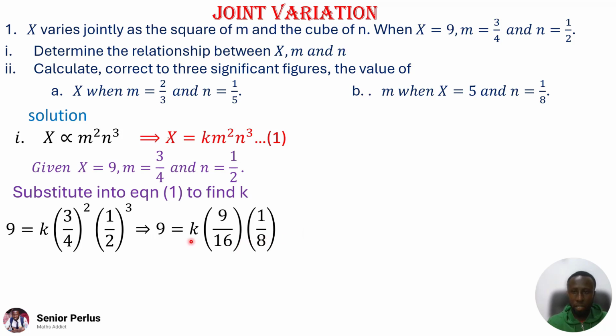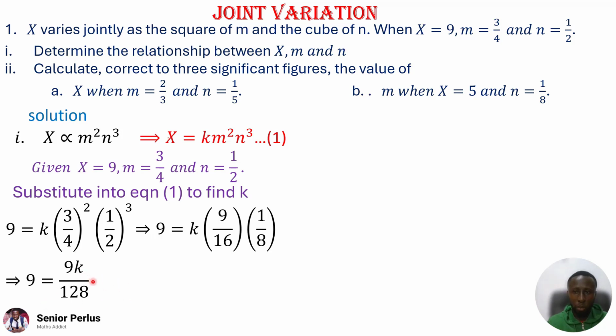Good. Now you can just multiply. 9 times 1 is 9, 16 times 8 is 128. We are solving for K. There's a denominator here. Always remove the denominator so that it becomes a linear expression.